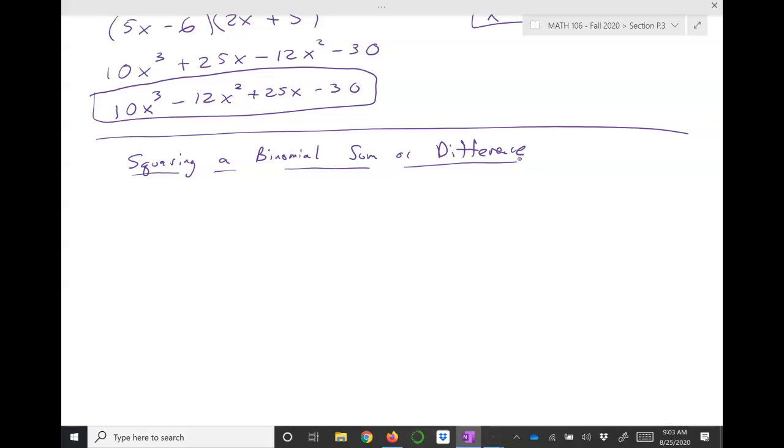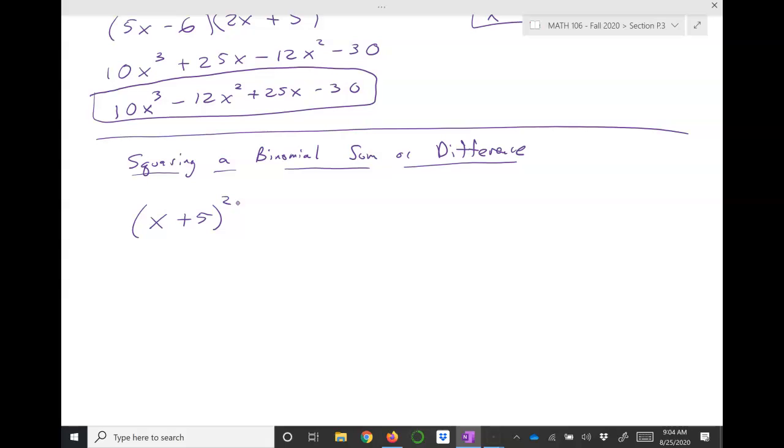All right, first things first. If you had something that looks like this, so let's say you saw that and then we want to simplify it. All right, so there's a way to do this.